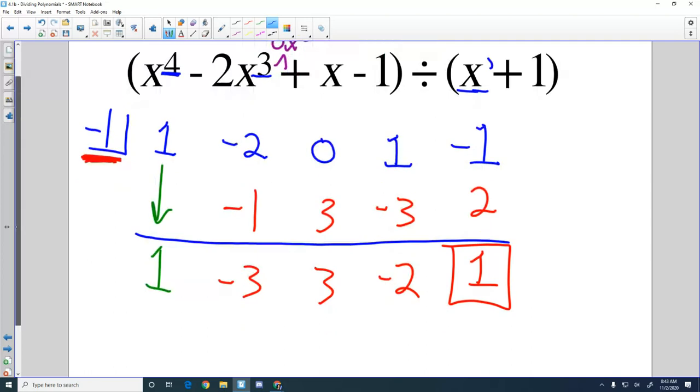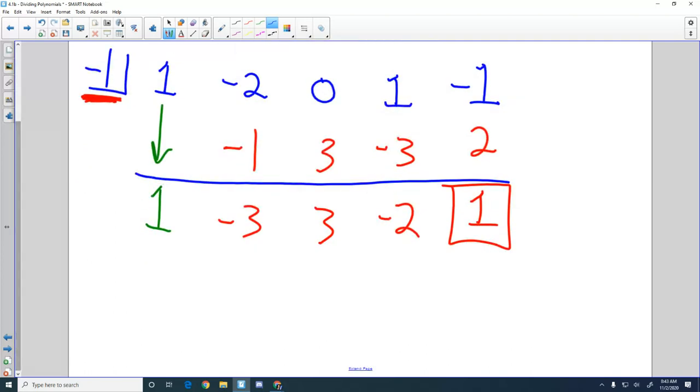So this first term, this 1, instead of writing x to the 4th, this is actually 1x to the 3rd. You drop it by 1 exponent. Then just count down the line. Check it out. This is x squared plus x minus 2. Minus 2 is our constant. You just put the x's in.